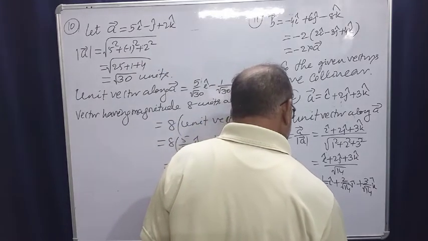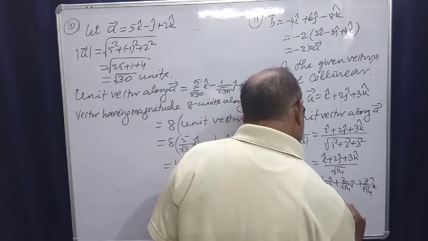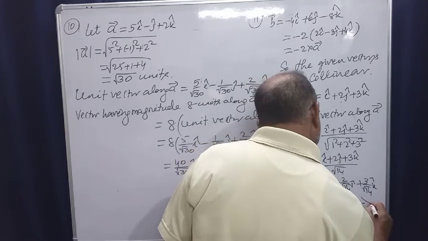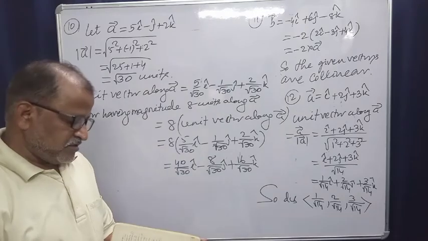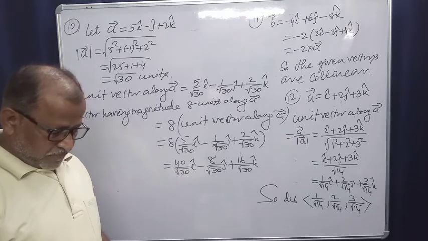Direction cosines are 1 by square root of 14, 2 by square root of 14 and 3 by square root of 14. These are the direction cosines of the vector.